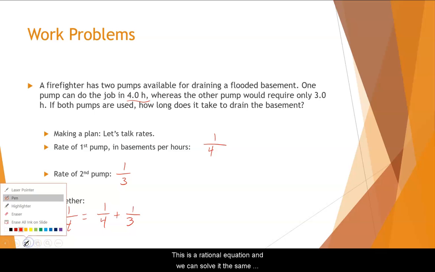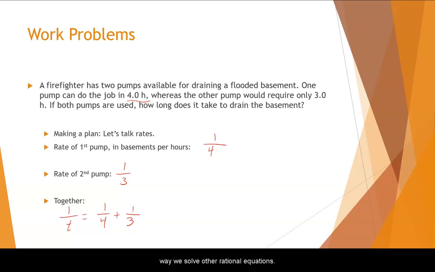This is a rational equation, and we can solve it the same way we solve other rational equations. Namely, we can clear fractions. If we wanted to, we could actually add those numbers together first, 1/4 plus 1/3, or we could just jump straight to the clearing fractions part.